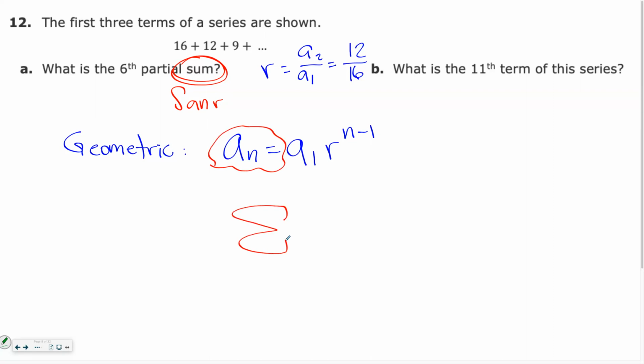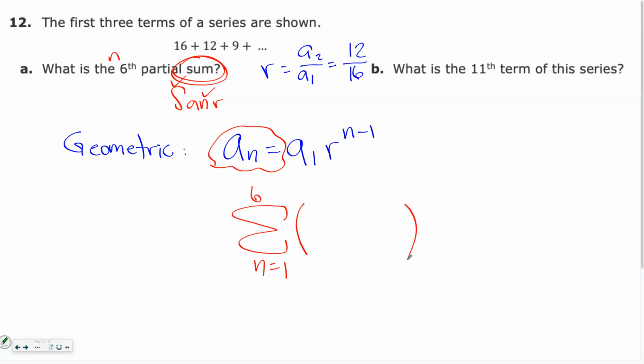When we write a sigma by hand, what do we always put at the bottom? N equals 1. Always. Do we know how big N needs to climb? What does Part A say in the instructions? 6. So I'll put that 6.